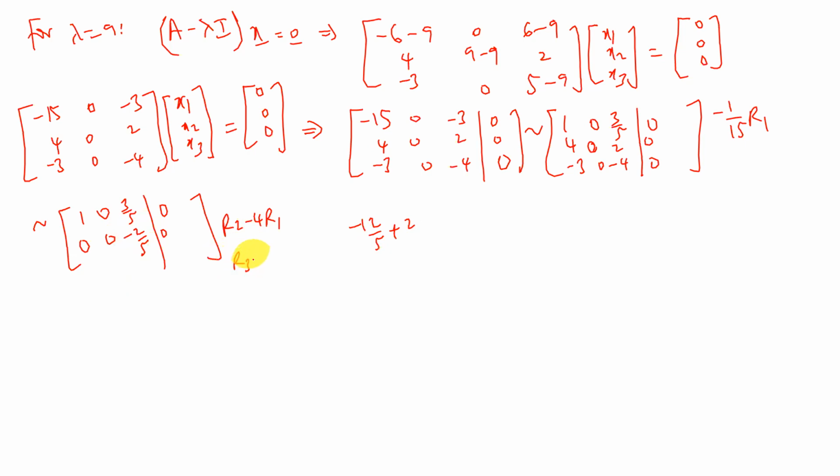Row 3 plus 3 row 1. Just row reduction this one. Row 3 is -4 plus 3 row 1, which is plus 9 out of 5. What is this? -11 out of 5, 0.